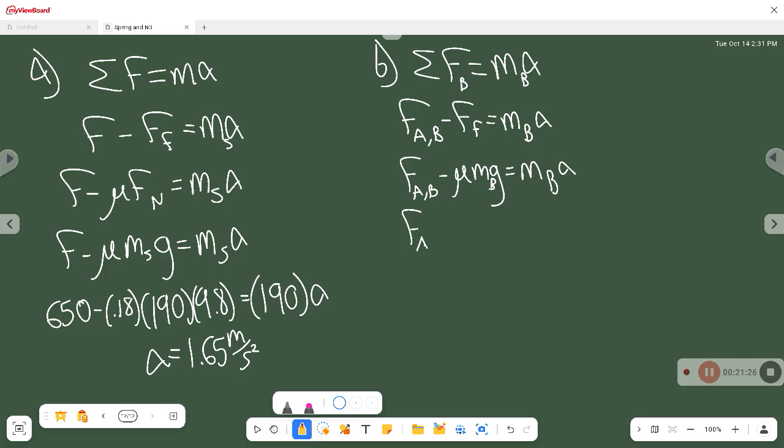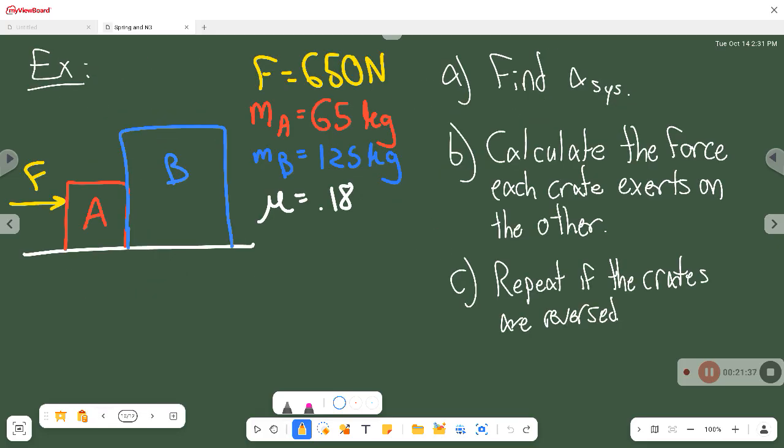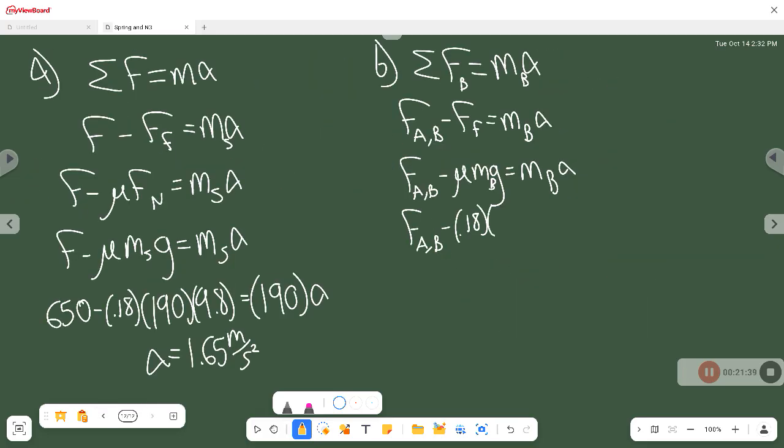So F of A on B minus coefficient of friction is 0.18. Mass of block B, let's go double check that real quick. That is 125 times 9.8 equals 125 times acceleration of the system, 1.65. So I multiply all those together.